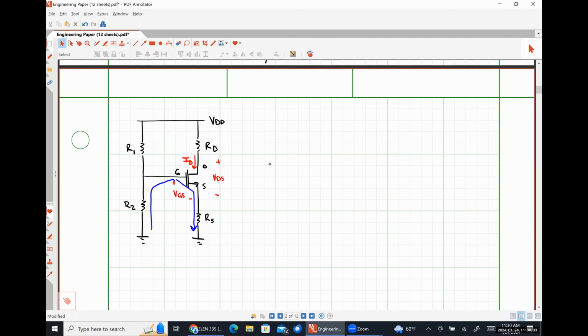So what does triode mode operation look like? Well, we know that VGS will still be greater than or equal to VTH. We also know that VDS will be less than or equal to VGS minus VTH.